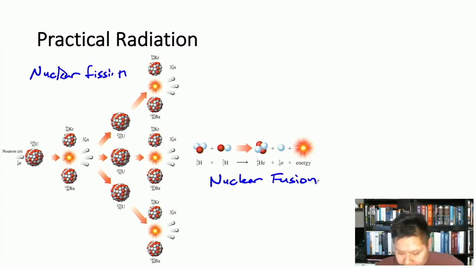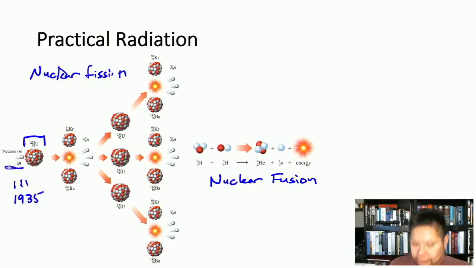So in nuclear fission, we have a radioactive uranium-235. And scientists in 1935 did an experiment in which they bombarded uranium-235 with neutrons, right? It made the nucleus of the uranium-235 so unstable that it split into krypton and barium.